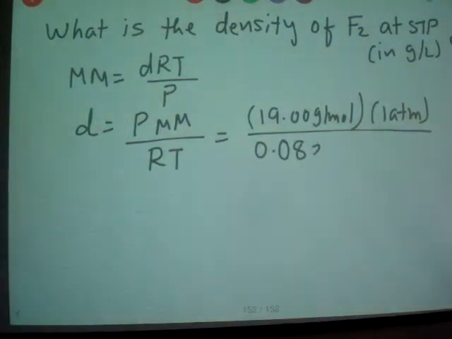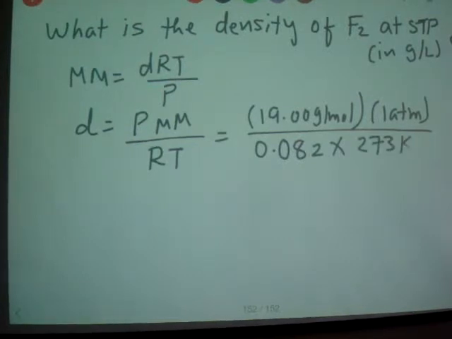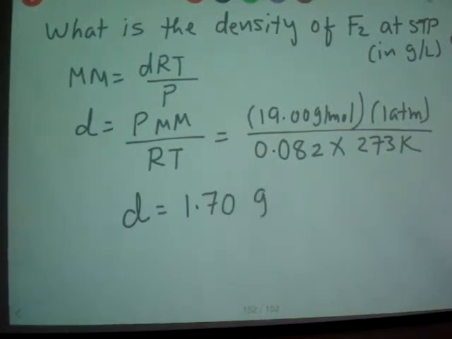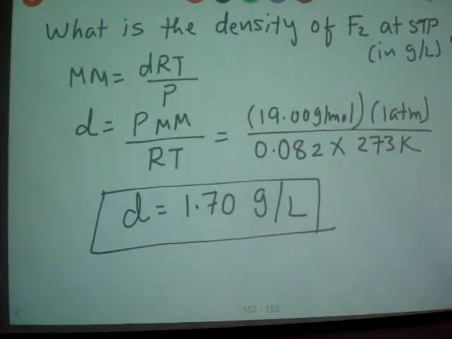R is 0.082, and the temperature is 273 Kelvin. Okay, so when you plug in those values, you get a density of 1.70 gram per liter, and that's how you can calculate the density of fluorine at STP.